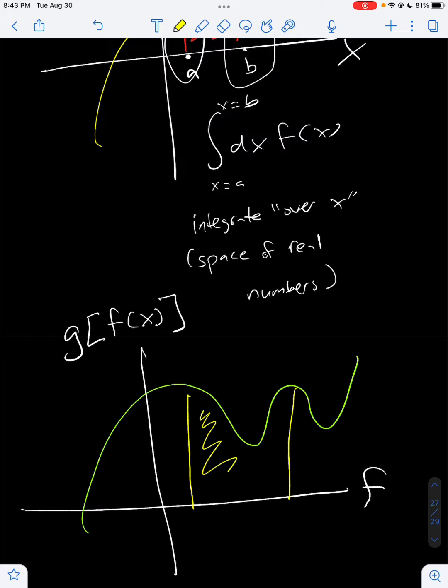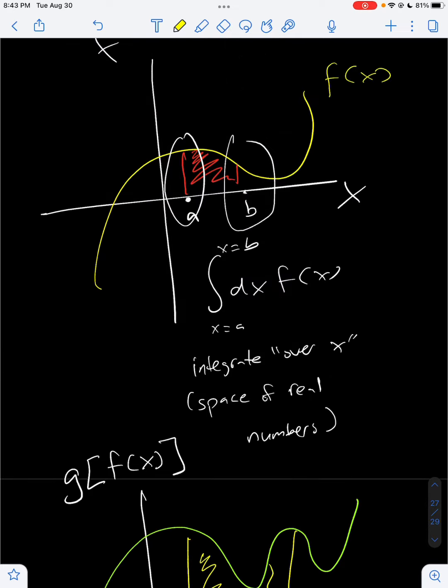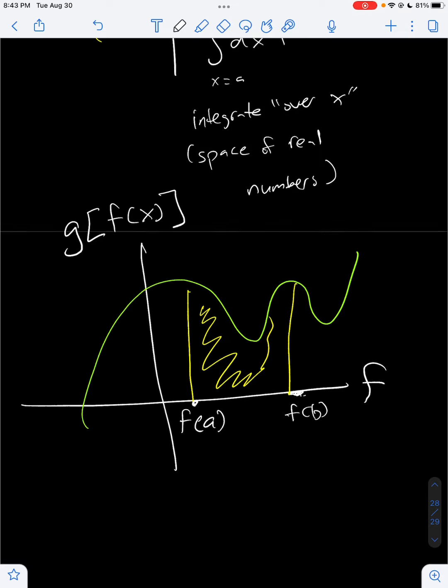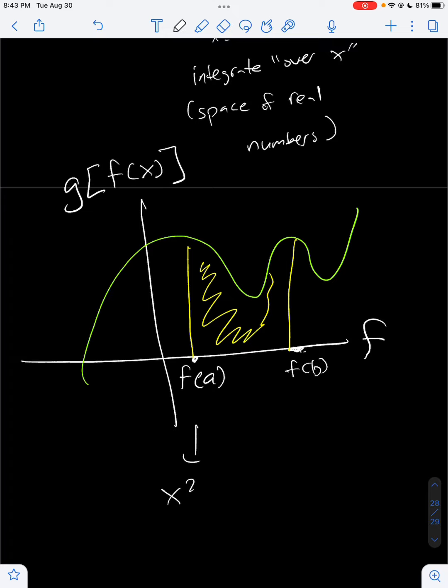But instead of integrating between points, we don't have points, we have functions. Instead, we're integrating between functions. So we can have, say, the function f of a, and then f of b. Or f of a could be, say, x squared plus 1, and f of b could be x cubed minus 3.